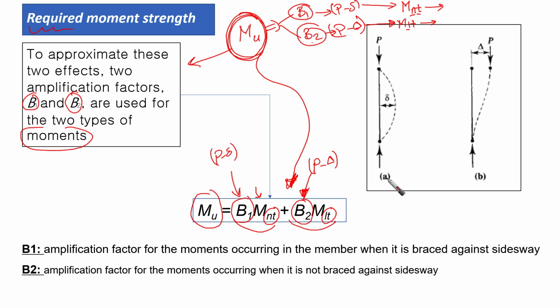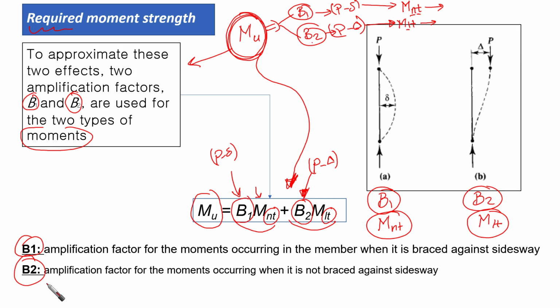So the two effects are now taken into consideration by using two different amplification factors, applied to two different types of moment: one related to the no translational case, and the other to the lateral translational case. This is the final definition for B1 and B2.